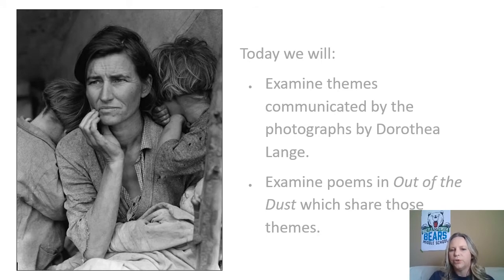Today, we're going to examine the themes within those different genres. So we are going to look at themes communicated by the photographer. We're also going to examine poems in Out of the Dust which share those themes. So we're going to look at the commonalities between the two genres or the two different sources, and we're going to examine those for theme.